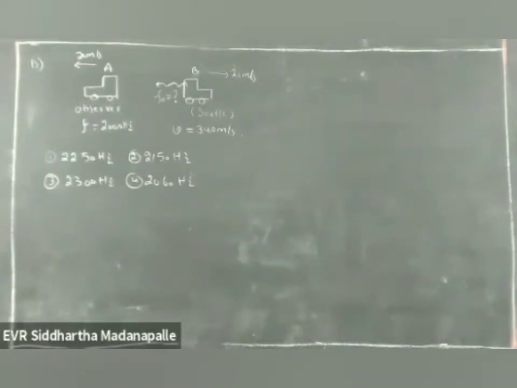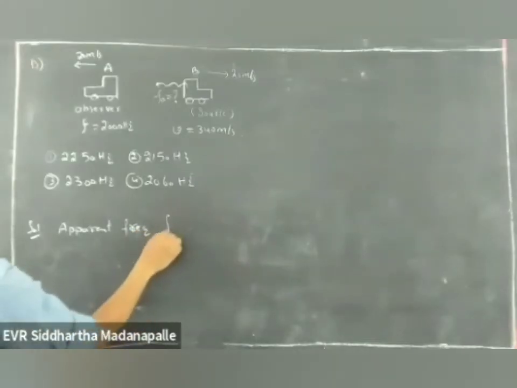Apparent frequency, first of all, the formula. They are moving away here. So what is the formula for the apparent frequency? Option 1, sir. Option 1, yes it is correct.